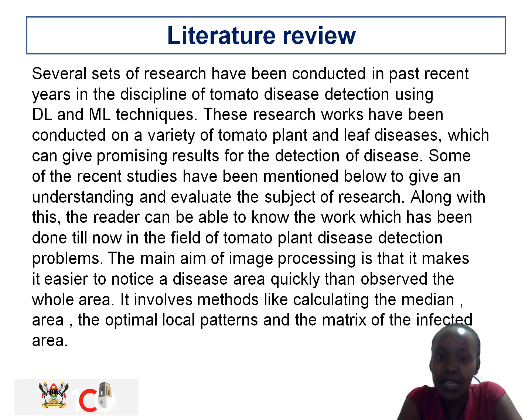Some of the recent studies are mentioned below to evaluate the subject of research, so that the reader can know the work which has been done in the field of tomato disease detection problems. The main aim of image processing is that it makes it easier to notice a disease area quickly than observing the whole area. It involves methods like calculating the median, local binary patterns, and the metrics of the infected area.